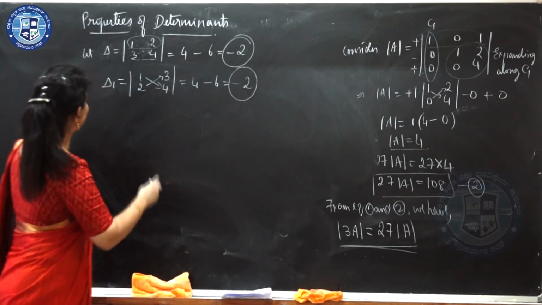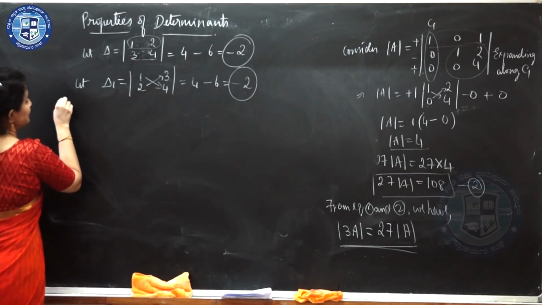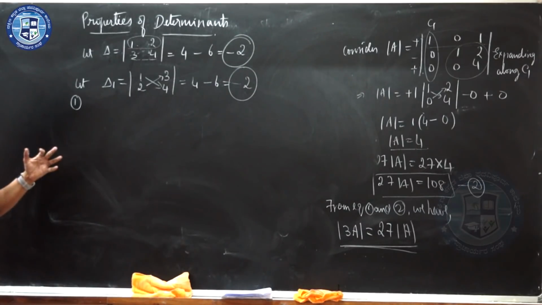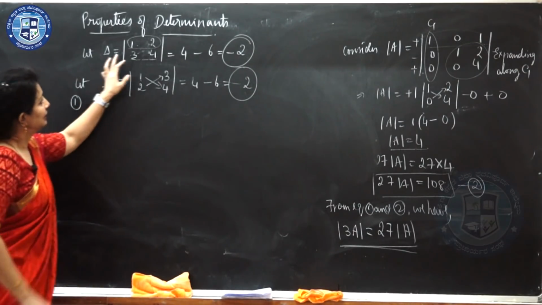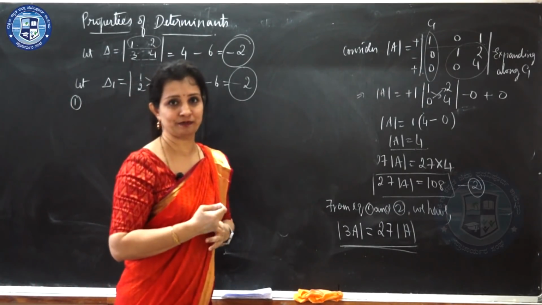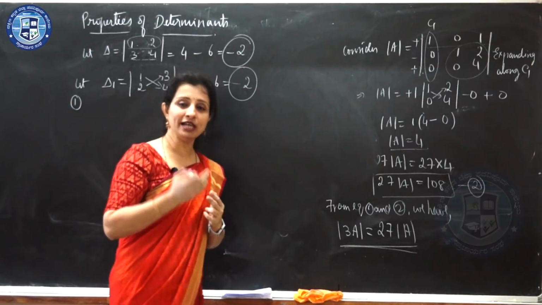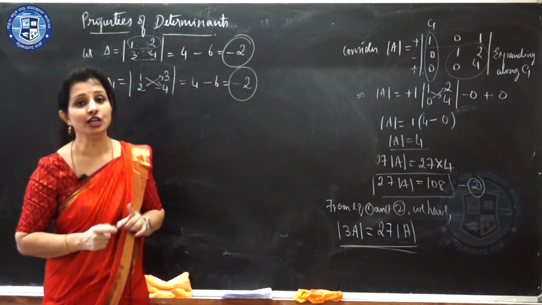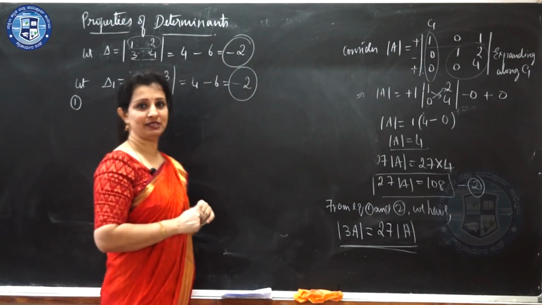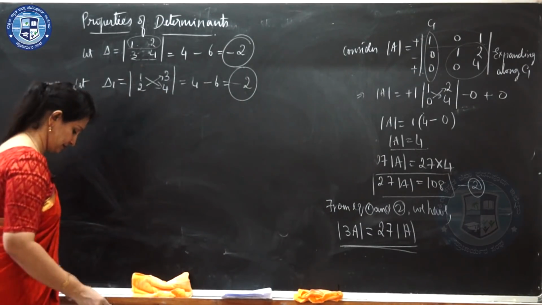Okay. So, after knowing the example, property 1, you can make a note of the statement. If the rows and columns are interchanged in a determinant, then the value of the determinant remains the same. That is the first property. Make a note of this.